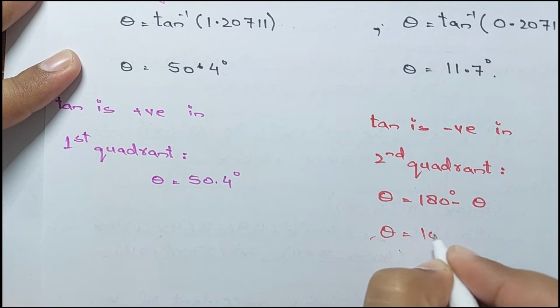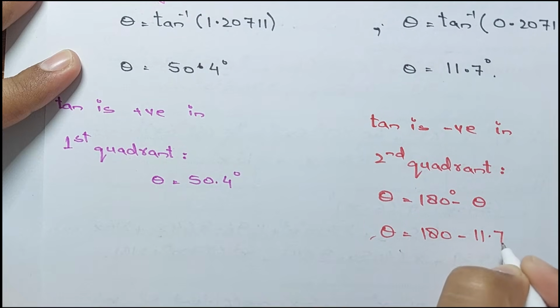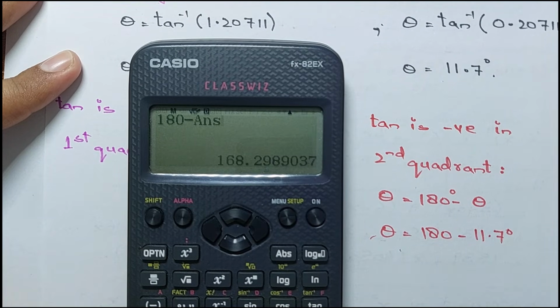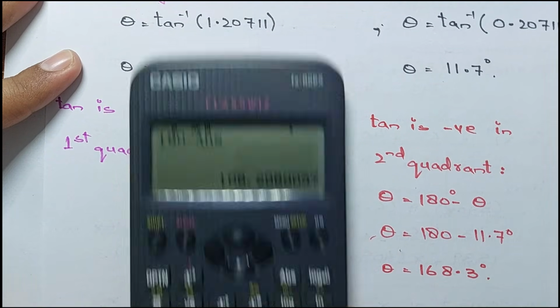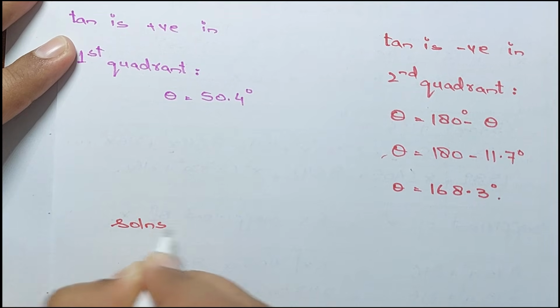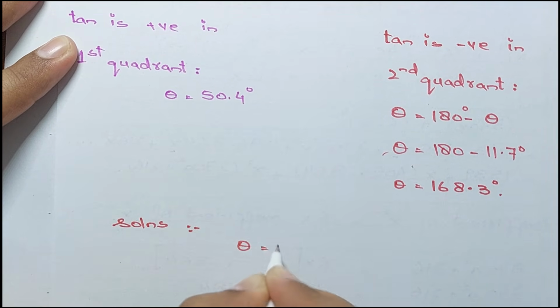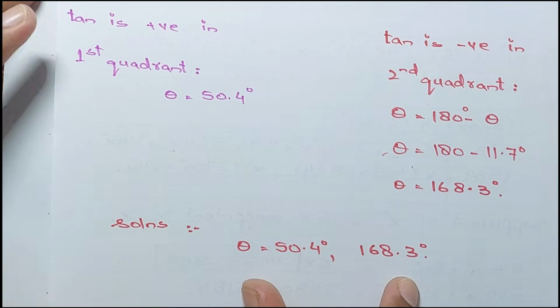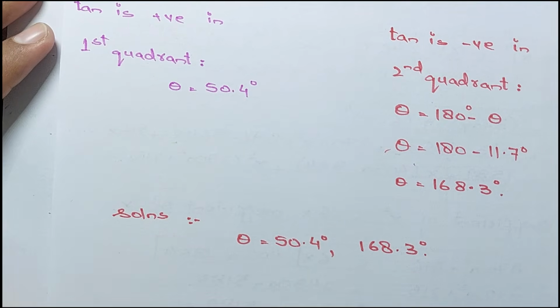So theta equals 180 minus 11.7, which is 168.3 degrees. So these are the two solutions: theta is 50.4 and 168.3. These are the two desired solutions between 0 and 180 degrees.